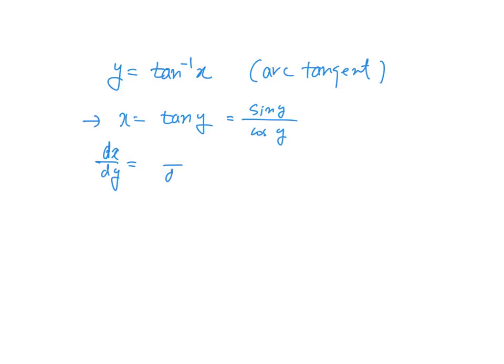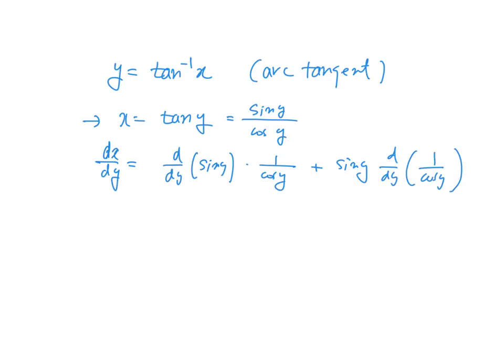So that is d/dy of sine y times 1 over cosine y, plus sine y times d/dy of 1 over cosine y. And since we have learned how to calculate the composite function's derivative, this is cosine y times 1 over cosine y plus sine y times sine y over cosine square y.